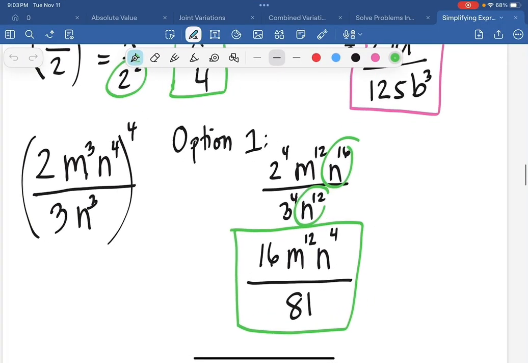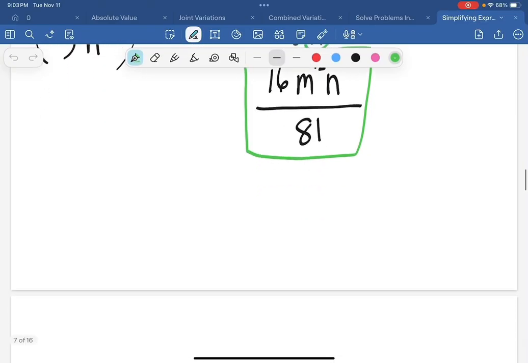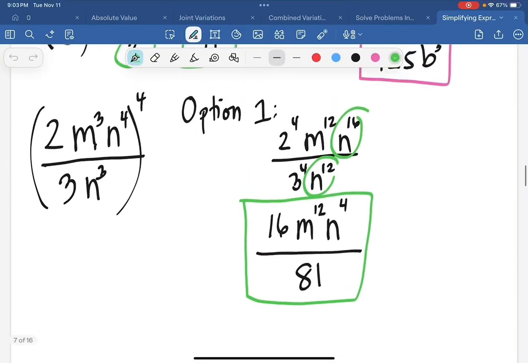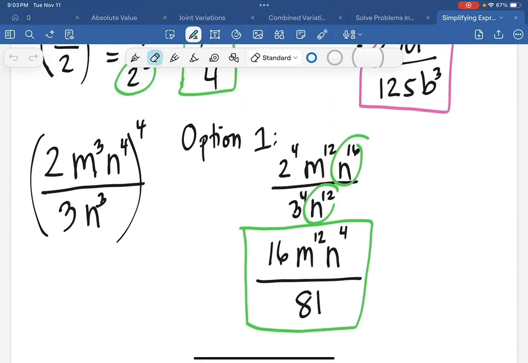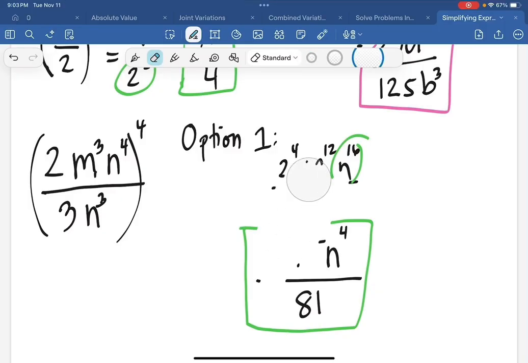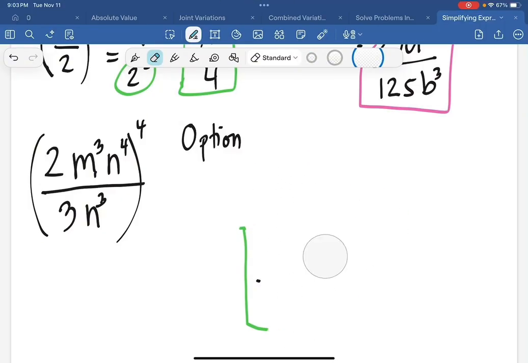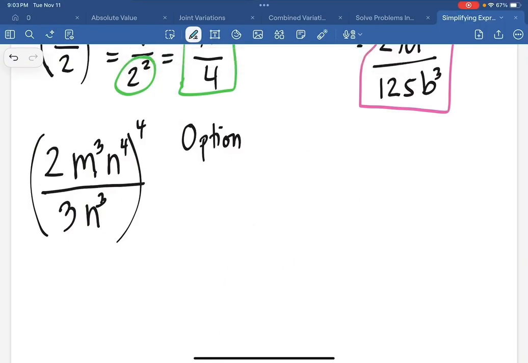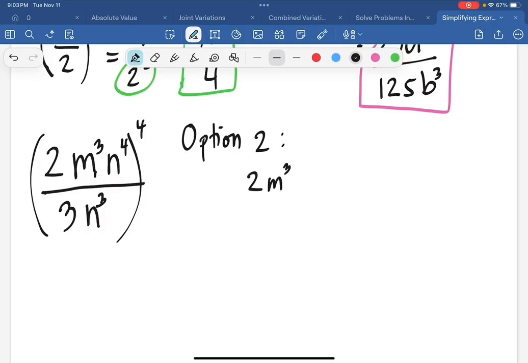Now, second option would be, okay, let's erase this. Option 2. So we have here 2m cubed n raised to 4 over 3n cubed.